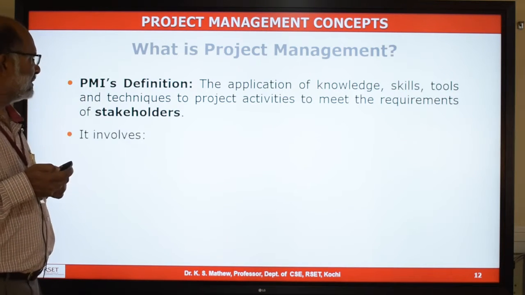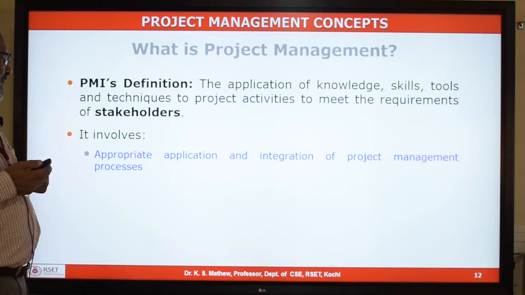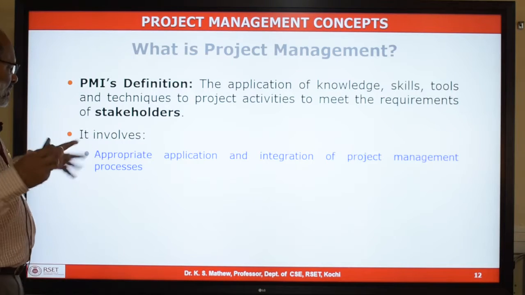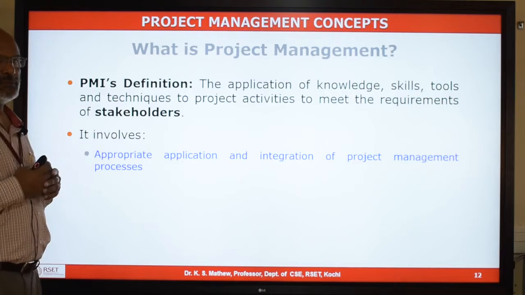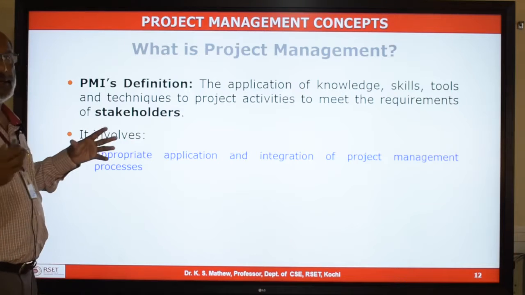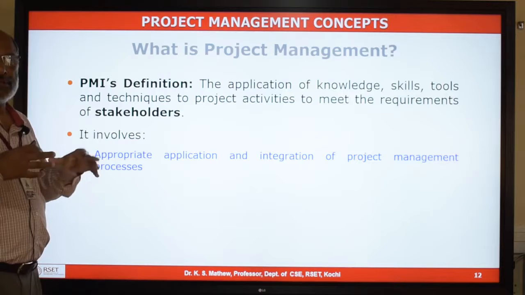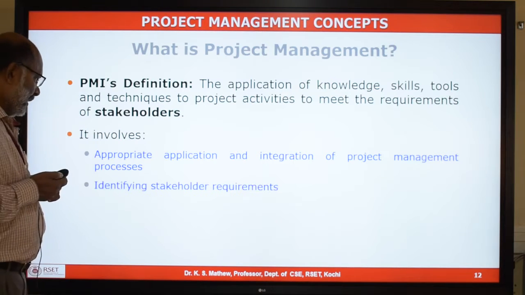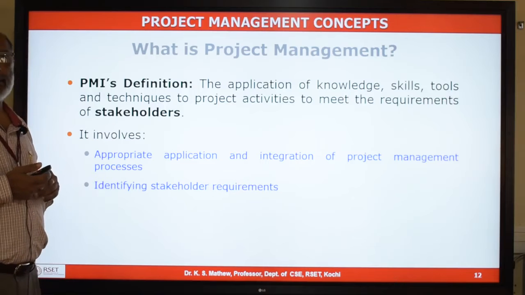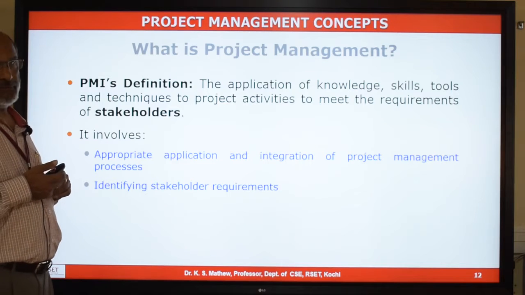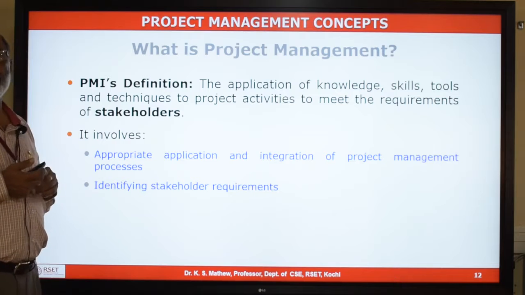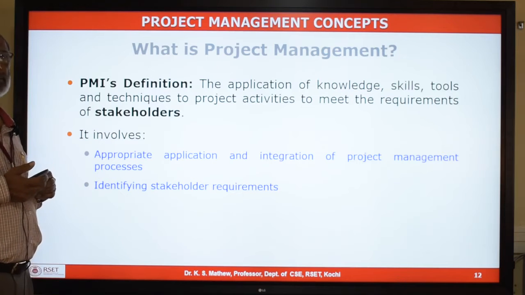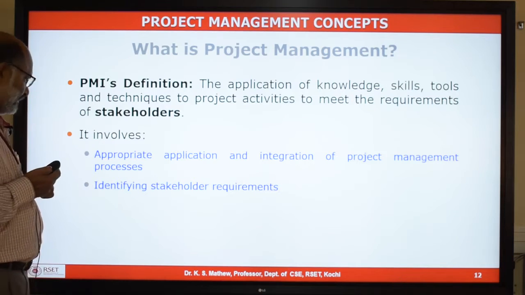This involves a lot of activities like appropriate application and integration of project management processes. There are a lot of project management processes, and it is the application of using those processes and integrating all the processes together, and identifying stakeholder requirements. Stakeholders of the project may have different requirements for the project, and you need to satisfy the requirements of all stakeholders of the project.